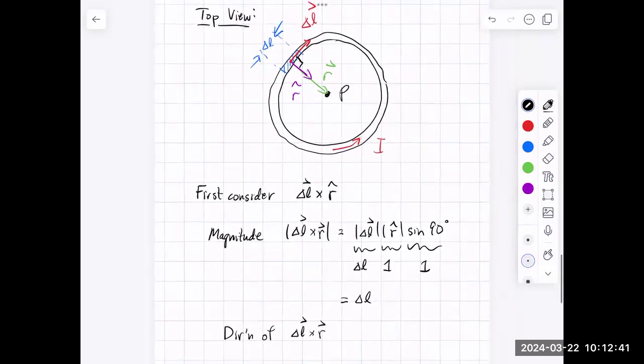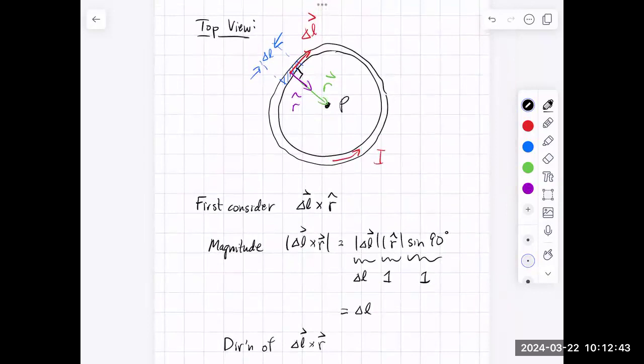All right, so the direction is going to require that we do the right-hand rule. Remember, for cross products, the result of a cross product is another vector, and that vector has to be perpendicular to both delta L and r hat.